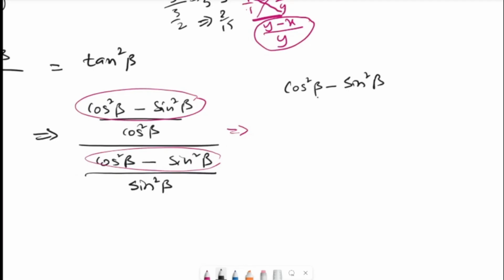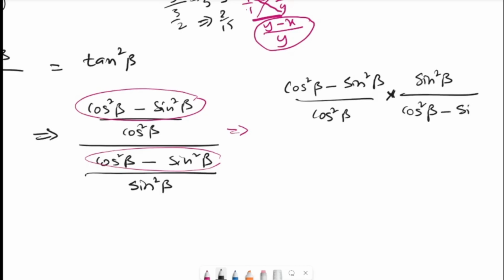All right. Now, this fraction, we're going to rearrange this as cos square beta minus sin square beta divided by cos square beta, times this. When it goes up, it flips, sin square beta divided by cos square beta minus sin square beta. Okay, these two fellows nicely cancel off. Now we are left with what?